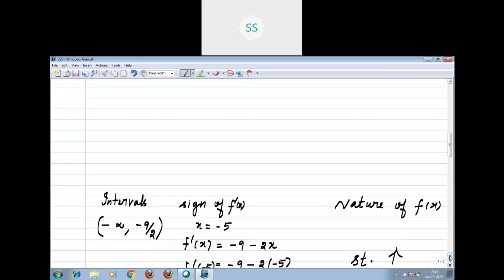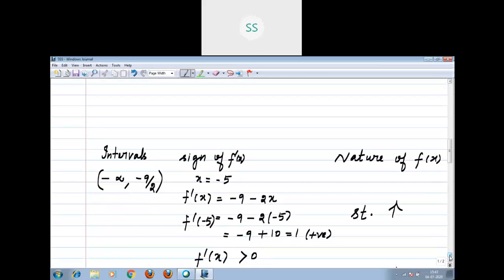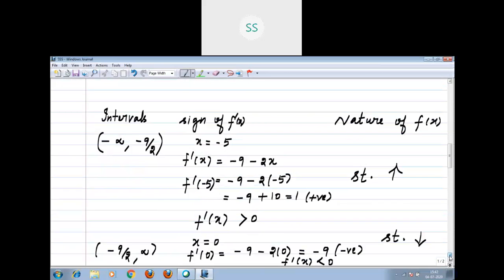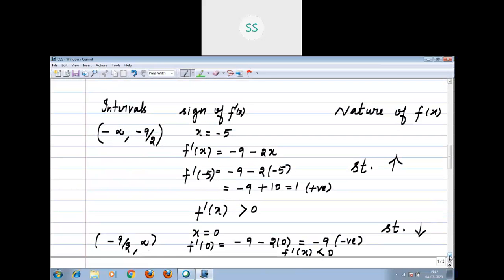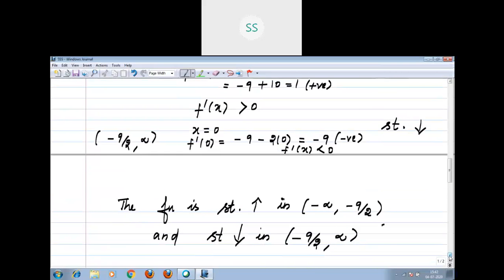You select x value as minus 5 and arrive at a positive result, so strictly increasing. Next, here you arrive at a negative result, you assign the x value as 0, so strictly decreasing. Final conclusion: the function is strictly increasing in minus infinity comma minus 9 by 2 and strictly decreasing in minus 9 by 2 comma infinity, right?